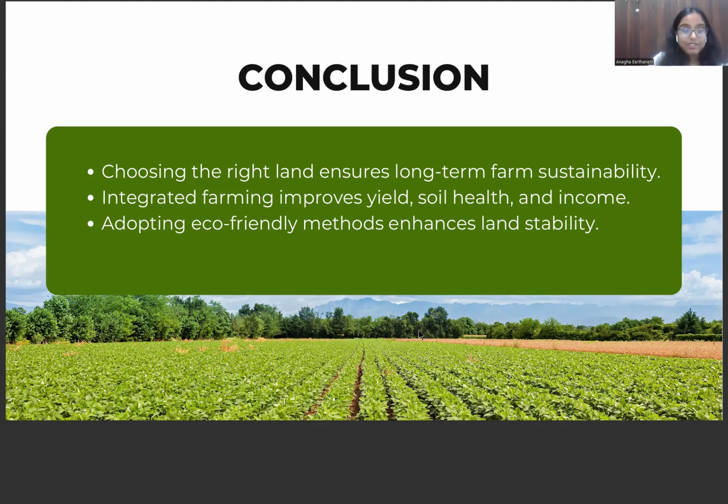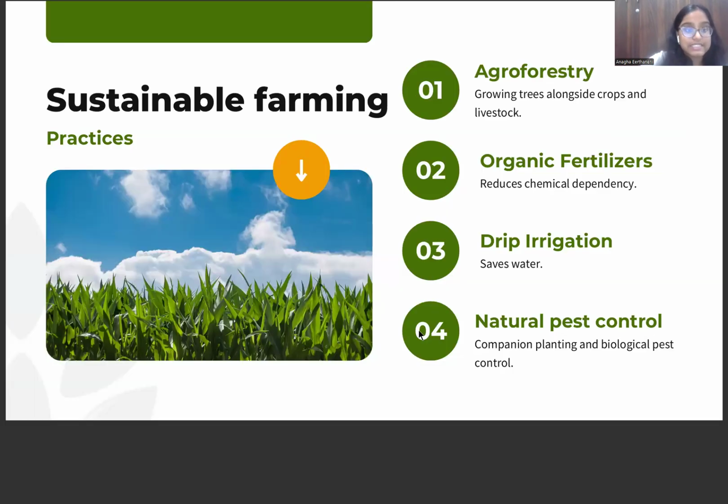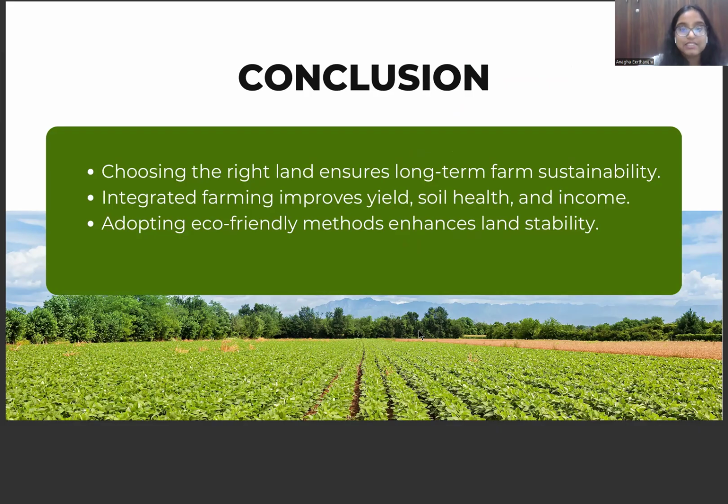Integrated farming improves productivity, meaning farmers can make more money with less time, and adopting eco-friendly methods enhances land stability. As we learned in the last slide, sustainable farming practices can all be adopted to enhance land stability.